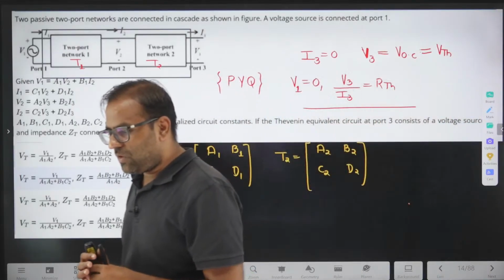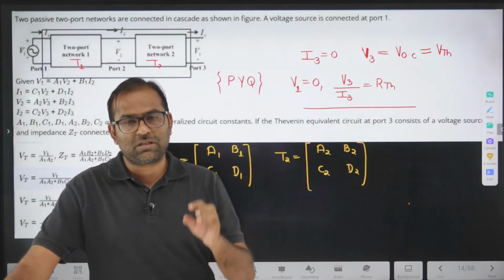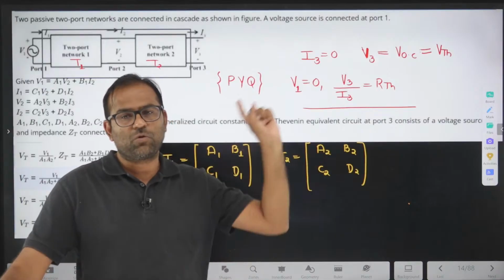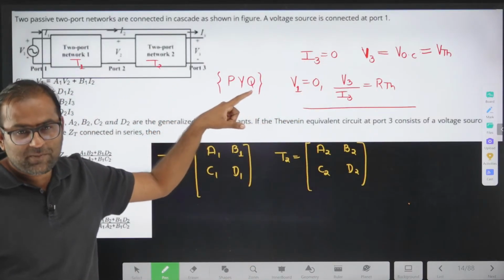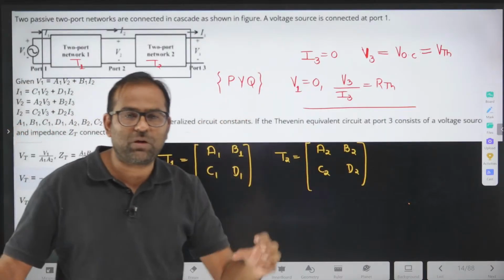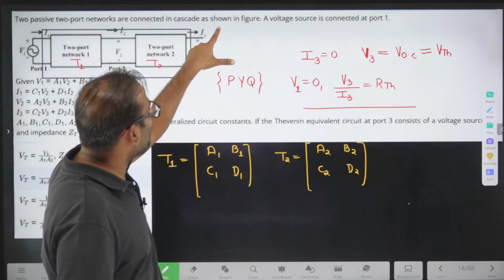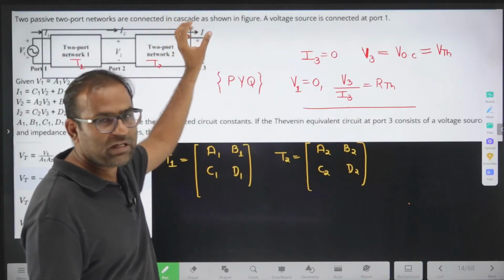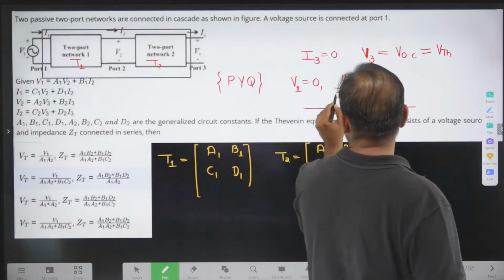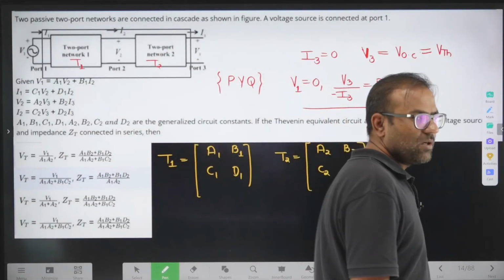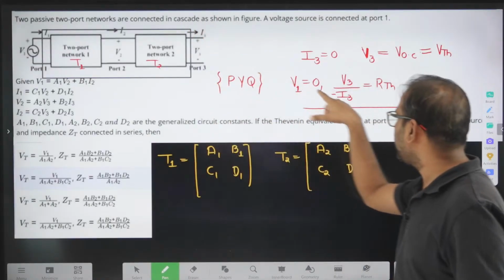I should write minus I3 here, because we apply the test source in this direction. So this gives you the value of RTH.